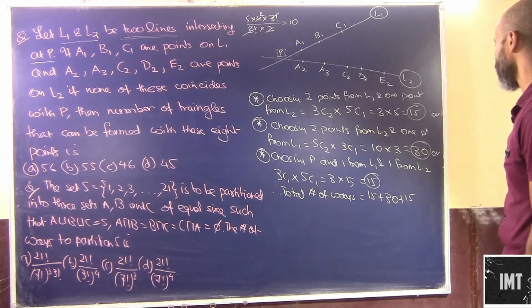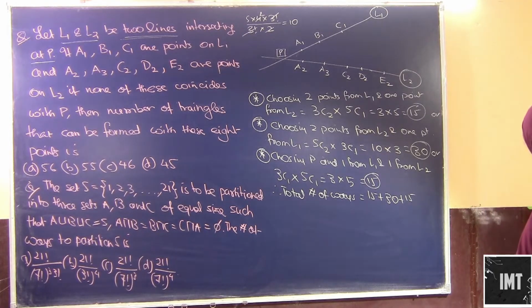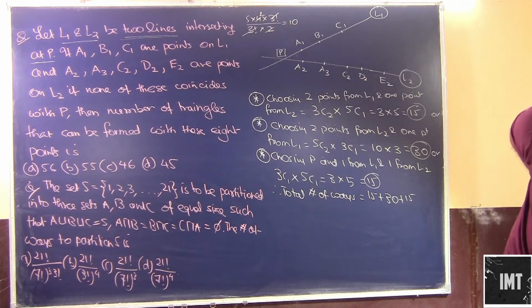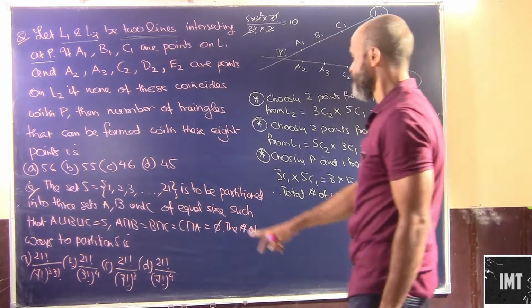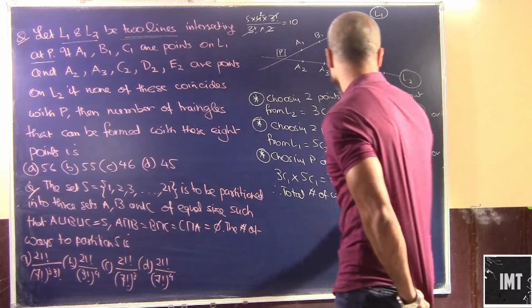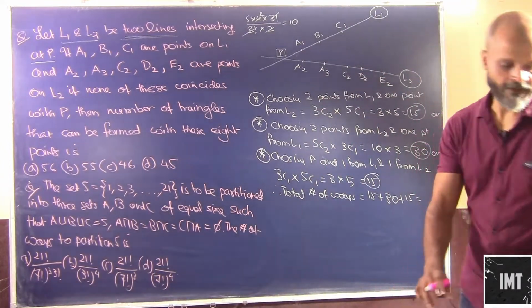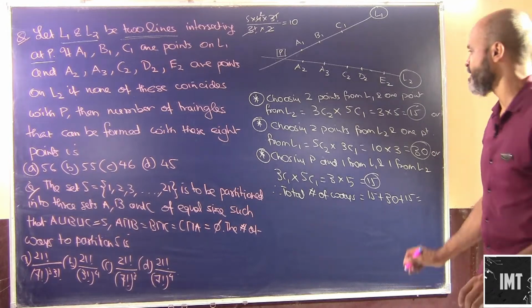There seems to be a problem with the options that we have mentioned here. Oh, I am sorry, no, we have an option, right? This will be 45 plus 15, that will be 60.